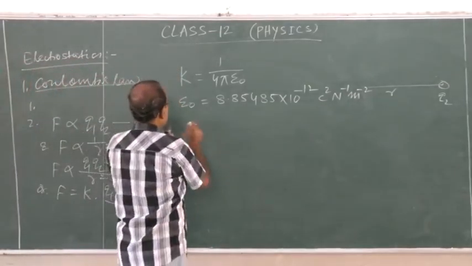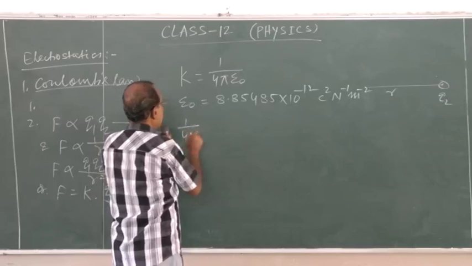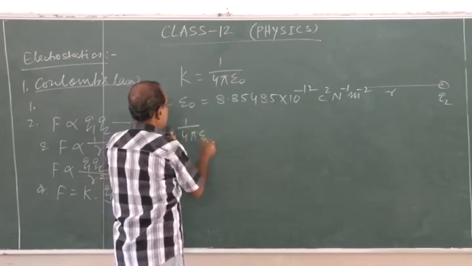Now we can find the value of 1 by 4 pi epsilon naught.